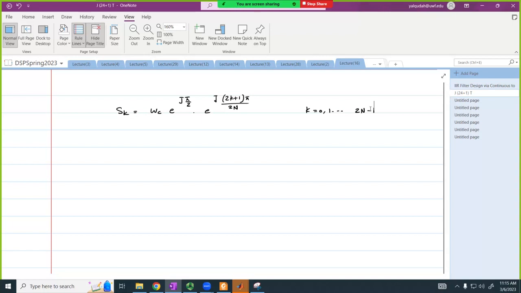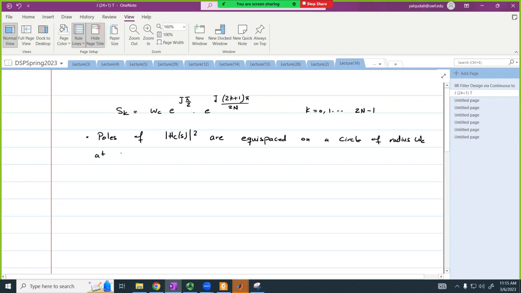So if you look at the poles of the Butterworth filter, they are equispaced on a circle of radius ωc, and they are π over n apart.